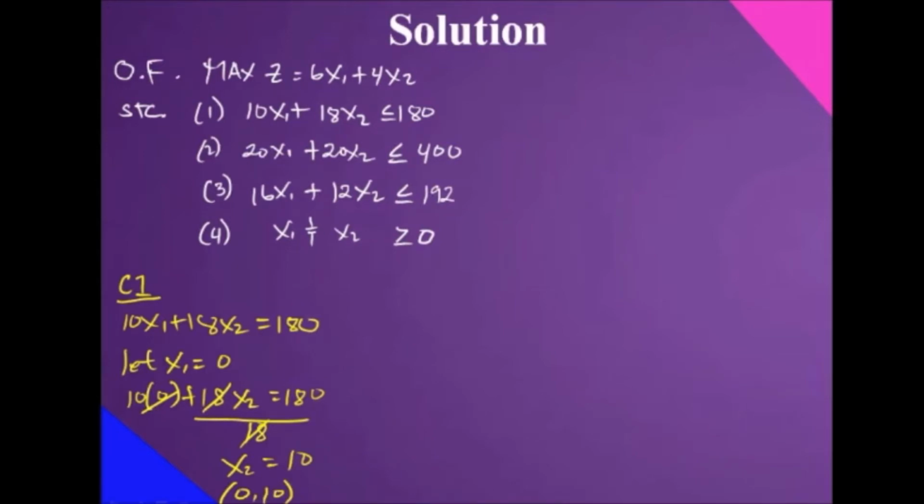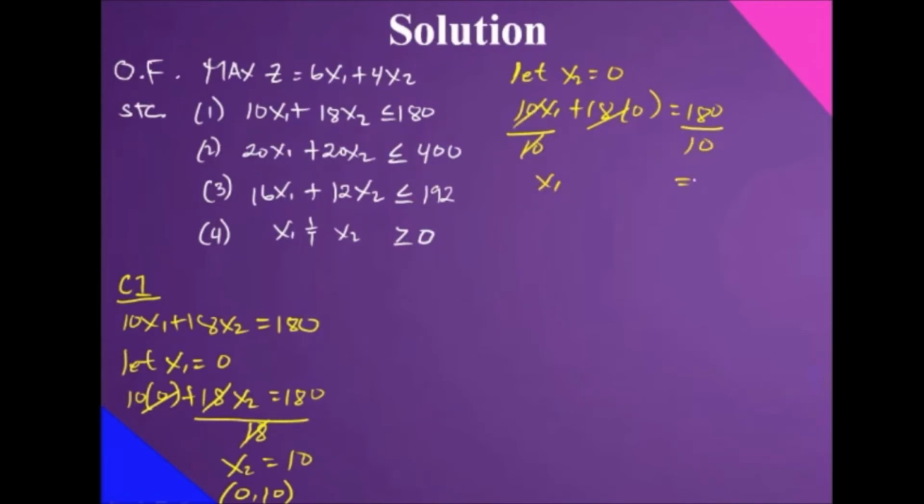We have now our first point. No? So, next, second point natin, let x sub 2 naman equals 0. So, 10 x sub 1 plus 18 multiplied by 0 equals 180. So, cancel, divide both sides sa 10.